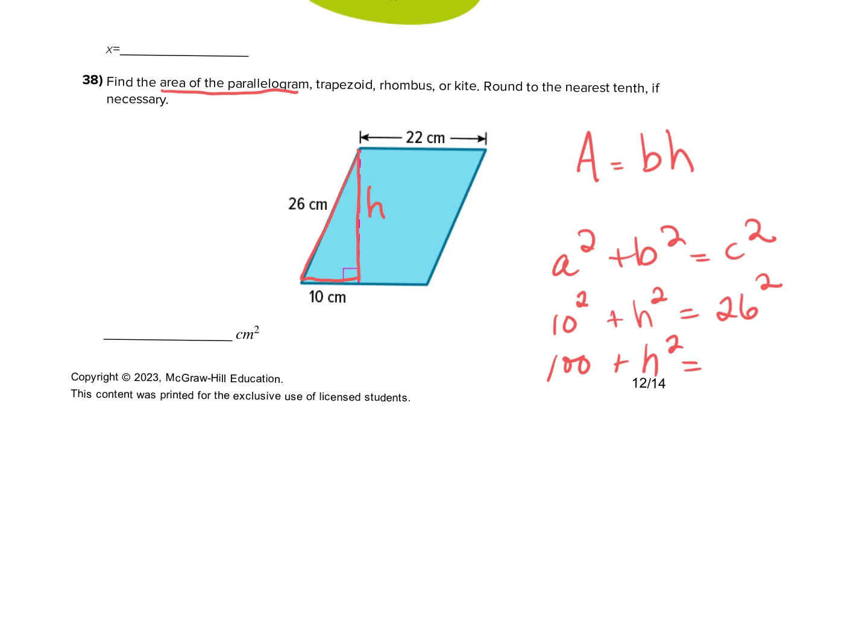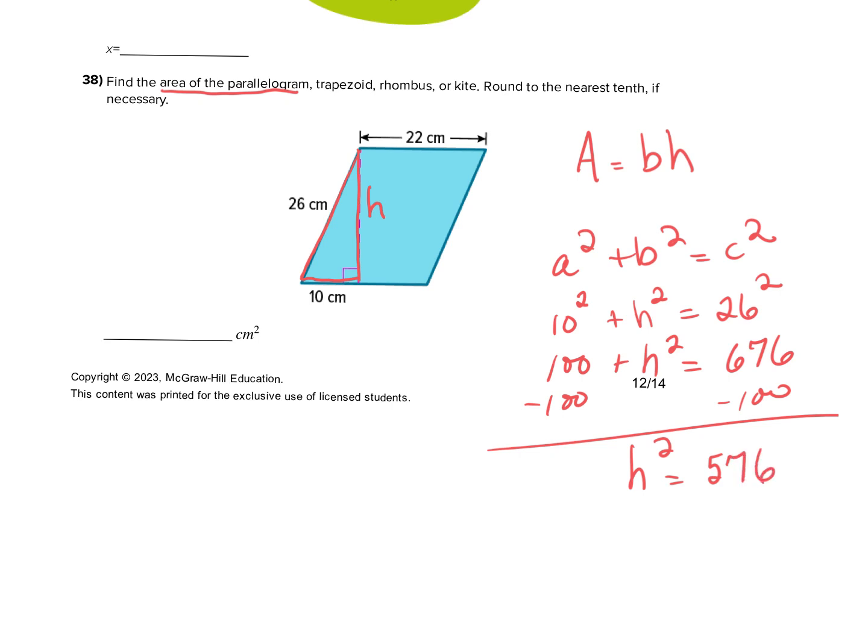And 26 squared is 676. Okay, so to solve for h, I need to subtract 100. So that gives me h squared equals 576.